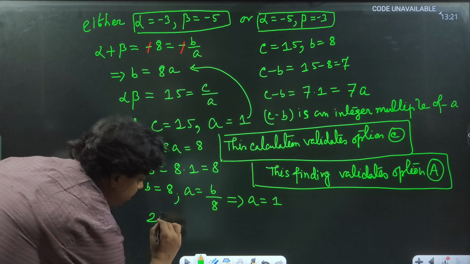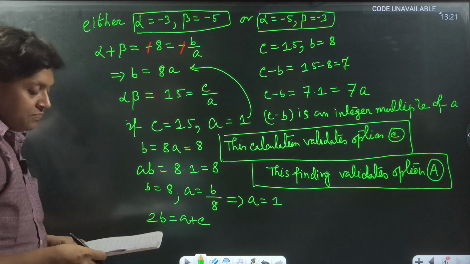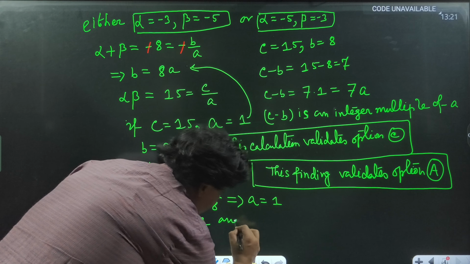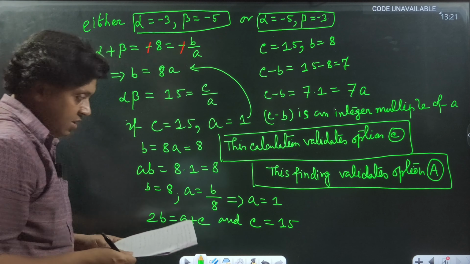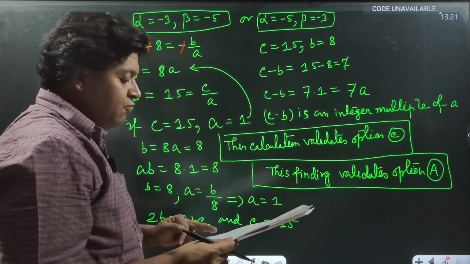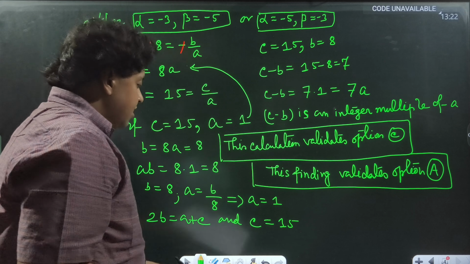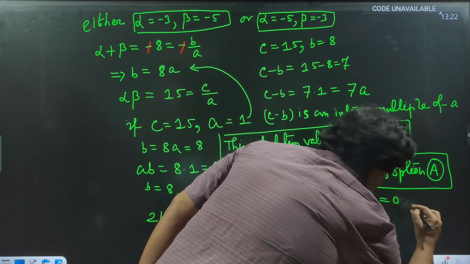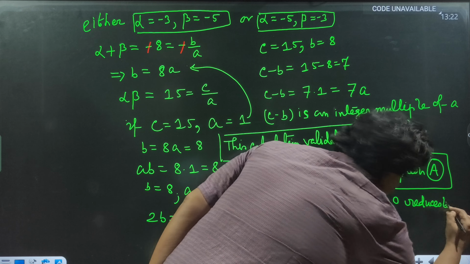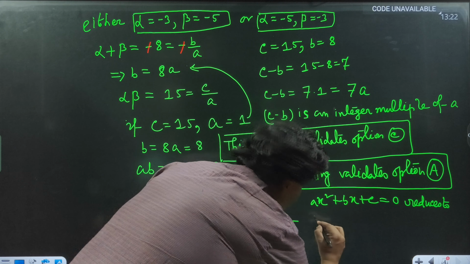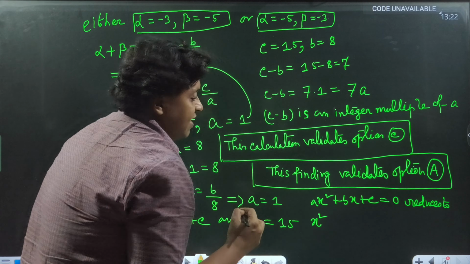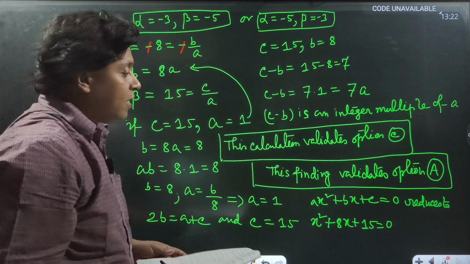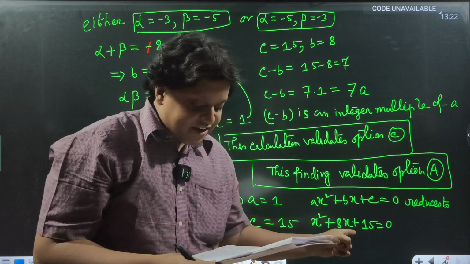But since 2B equal to A plus C, and C equal to 15, then with those values of A, B, C, the equation x square plus bx plus c equal to 0 reduces to: A is 1, so it will be x square, B is 8, so it will be 8x, and C is 15. So the quadratic reduces to x square plus 8x plus 15 equal to 0.